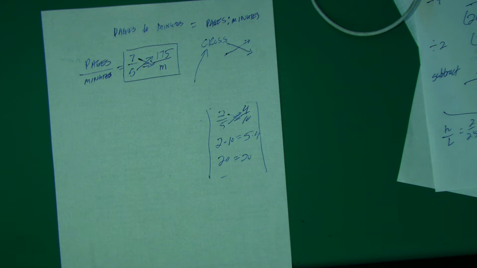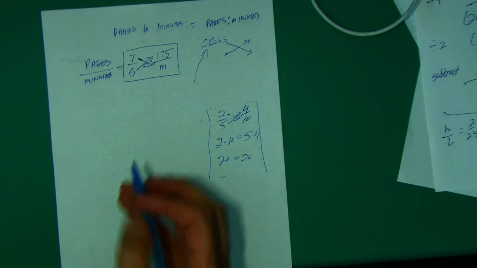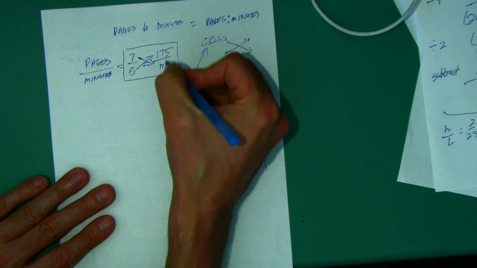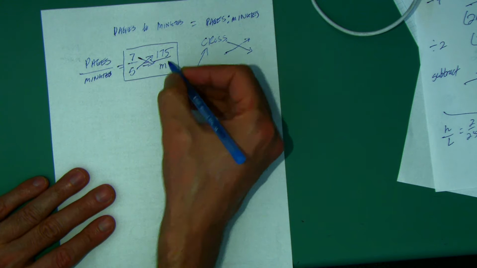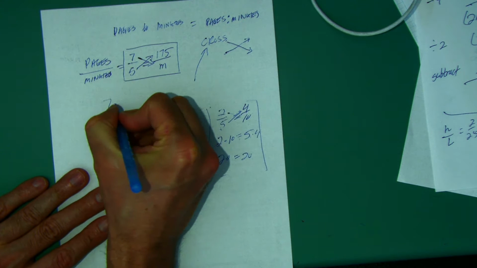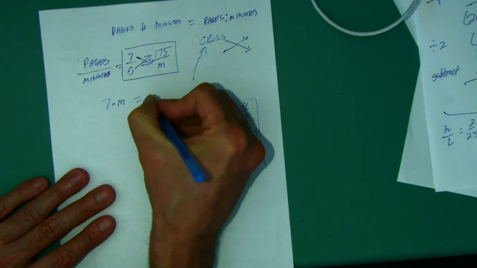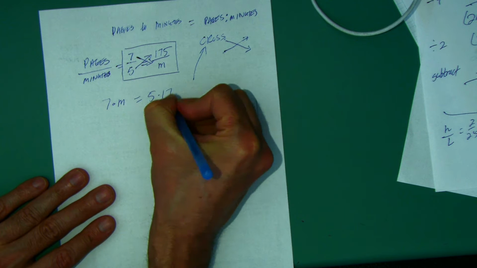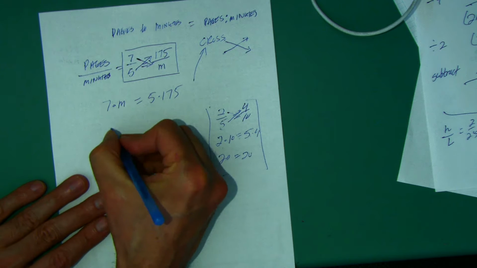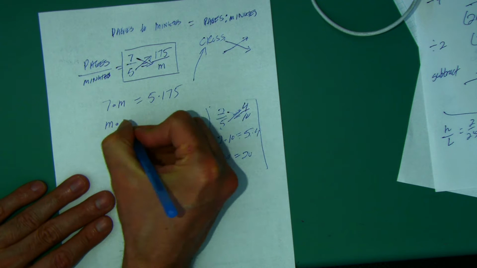Okay, so let's do this problem. I have 7 to 5 is the same as 175 to this thing we don't know. So I'm going to cross multiply. I have 7 times n, and that equals 5 times 175. Now, I like the letter to go first, so I'm just going to switch this around.